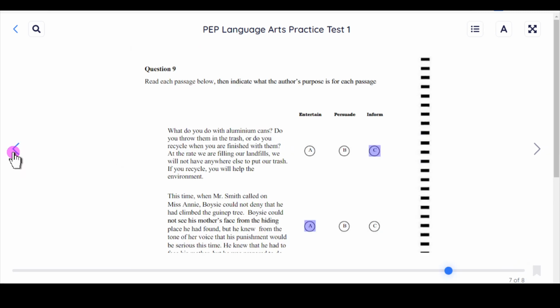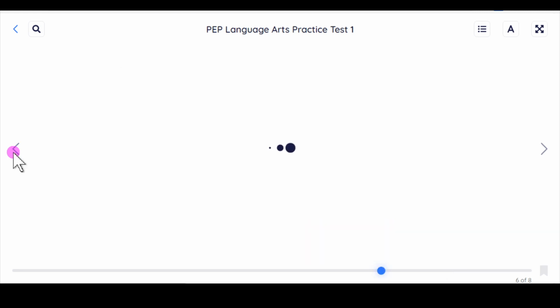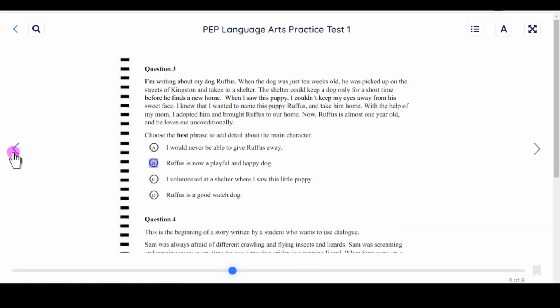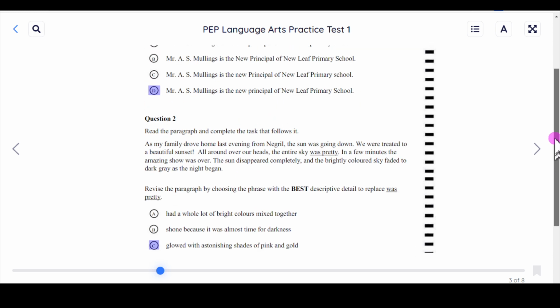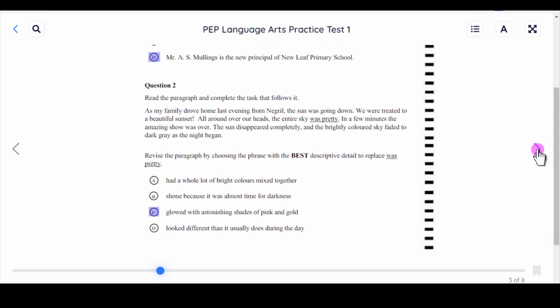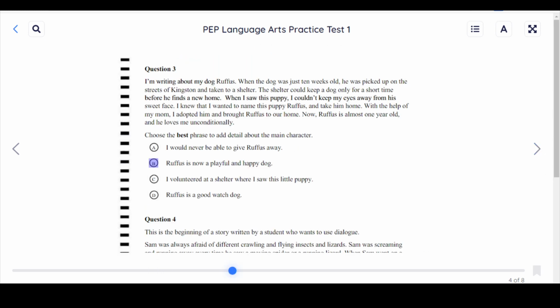Make sure that I have my answers here. And similarly, when we are working on our own papers, we need to make sure that we are doing the same thing. Let's go question 1, have an answer there. Question 2, answer there. Question 3, answer is there.